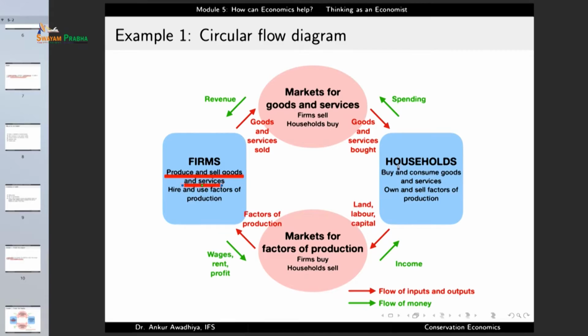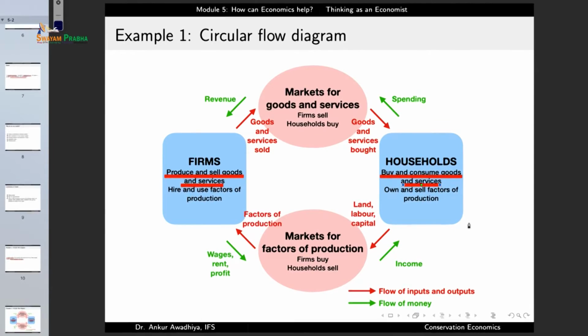The other big entity is the households. Households are those entities that buy and consume goods and services. So these are the buyers of goods and services. They own and sell the factors of production.